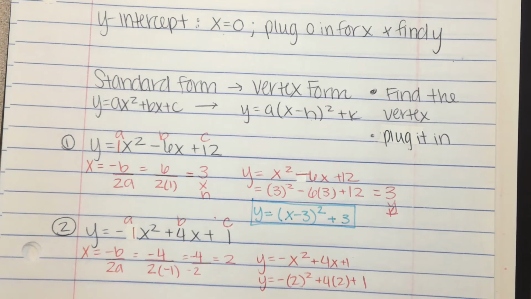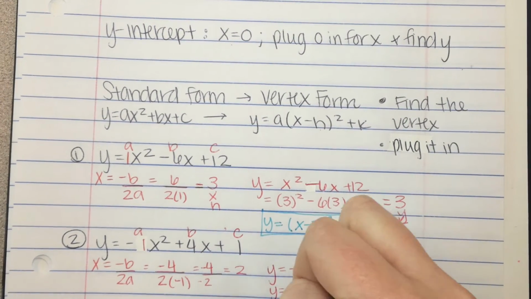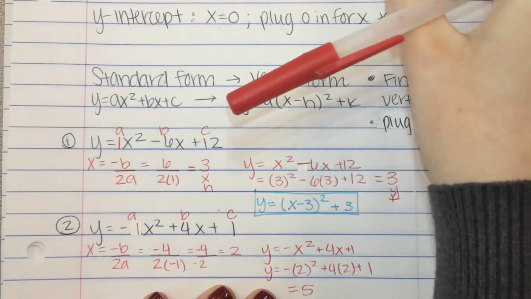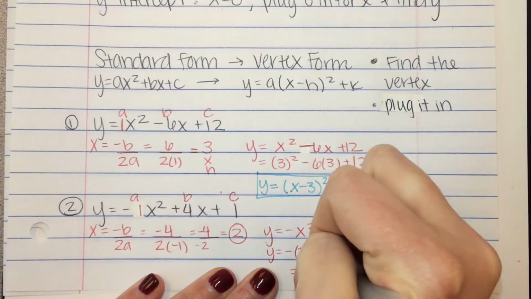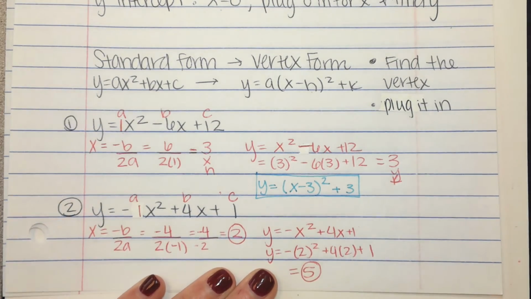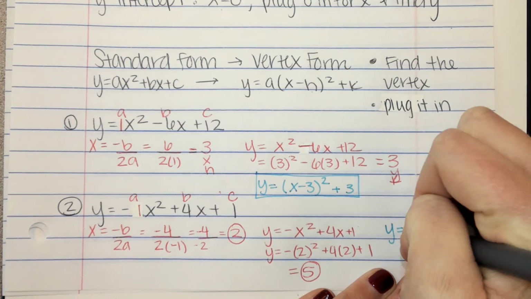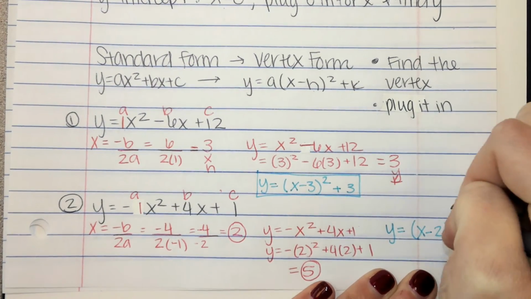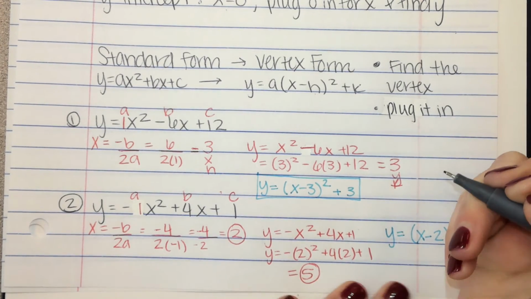Again, I'm going to go to my calculator, and that equals 5. So now I have my x and my y, my h and my k. So I have 2, 5. So I'm going to plug that into my vertex form. So y equals x minus 2 quantity squared plus 5.